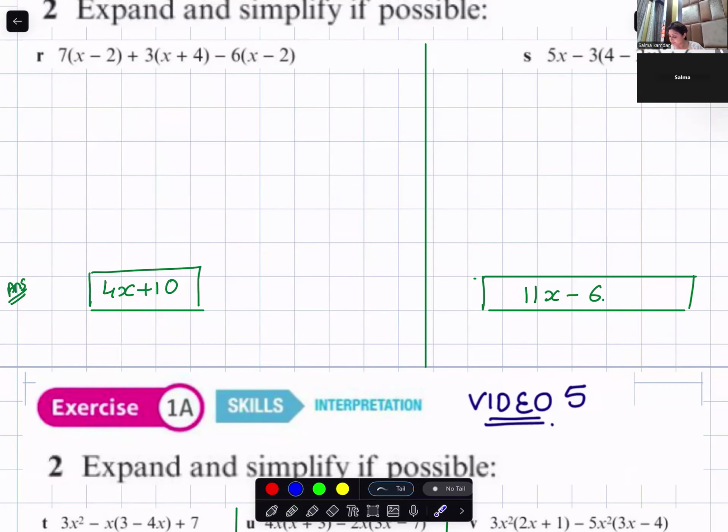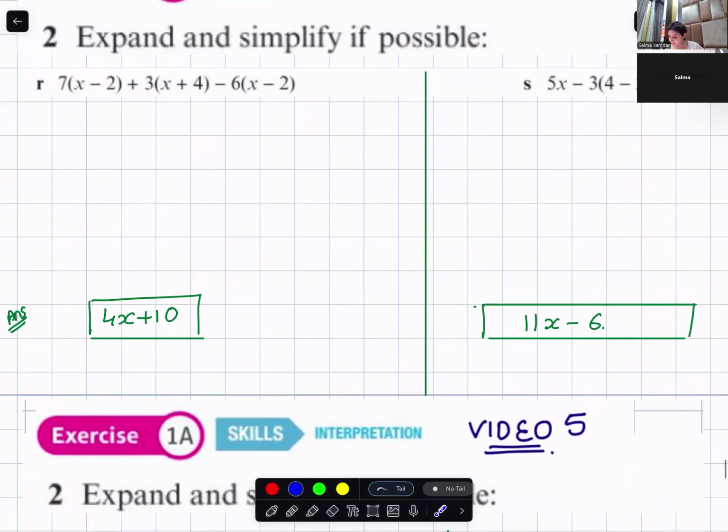Over here, please be very careful. This 5x is separate. So it would be 5x. This is separate. This will change the signs. So it will be minus 12 plus 6x. And then you have a plus 6.